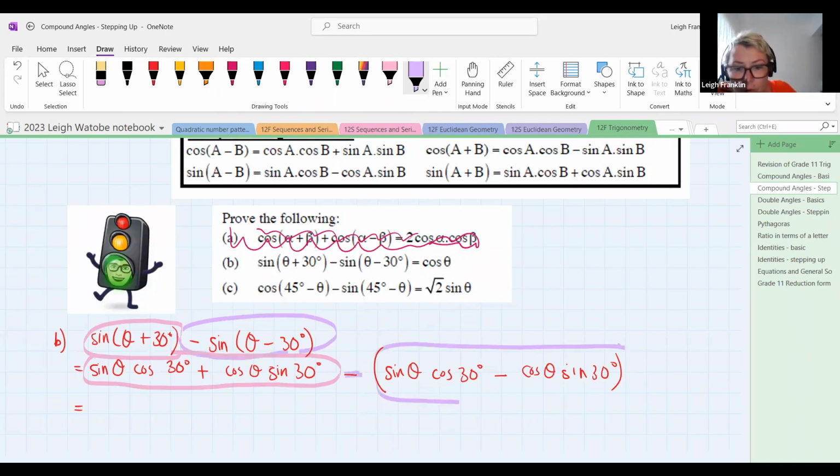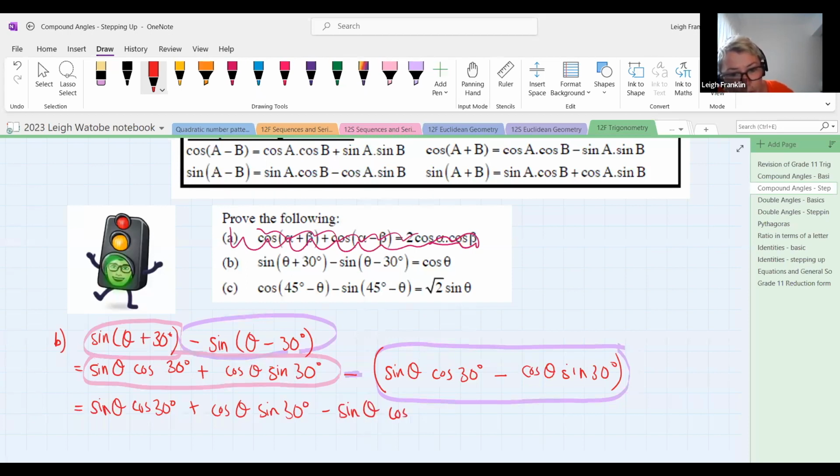There we've color coordinated it for you. Now you're going to remove your brackets, and we're going to end up with sine theta cos 30 plus cos theta sine 30 minus sine theta cos 30 plus cos theta sine 30 as well.